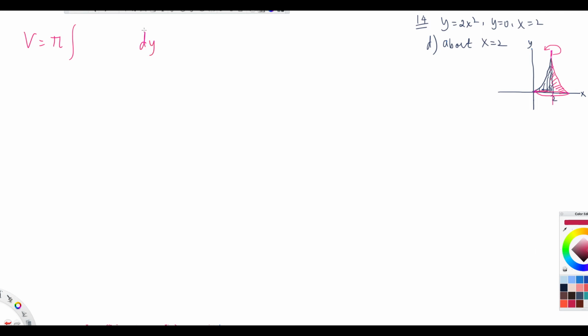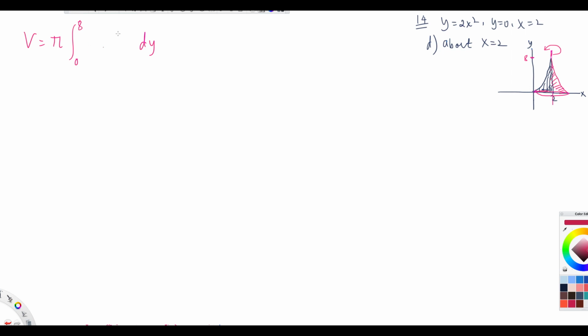We need the limit of y. That curve is y equals 2x squared. When you plug in x equals 2, you will get y equals 8. That length is 8 there. Because we have dy, we need the limit of y, 0 to 8.